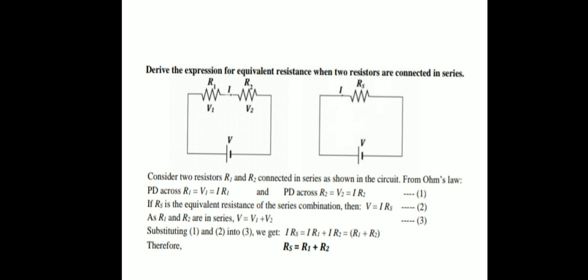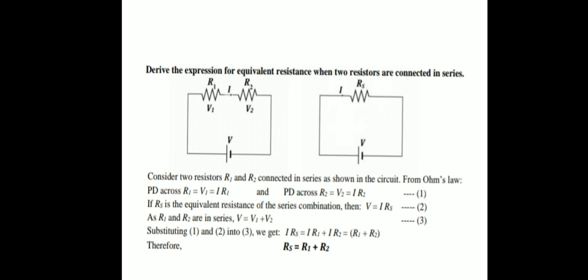Let Rs be the equivalent resistance of the combination, then V is equal to I into Rs. Here R1 and R2 are in series, therefore the total potential difference across the circuit is V is equal to V1 plus V2. Therefore from equations 1, 2 and 3 we can write I Rs is equal to I R1 plus I R2.